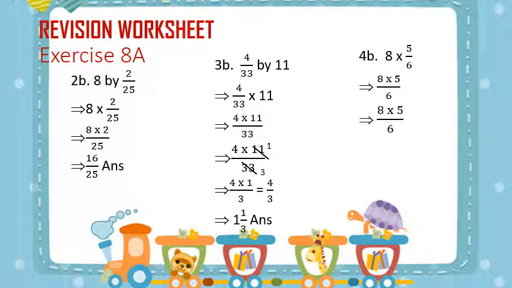So 8 divided by 2 is equal to 4 and 6 divided by 2 is equal to 3. So now 4 multiplied by 5 in the numerator upon 3 in the denominator, which is equal to 20 upon 3. And children, the 20 upon 3 is an improper fraction, so you need to change it into mixed fraction. So your answer will be 6, 2 by 3.